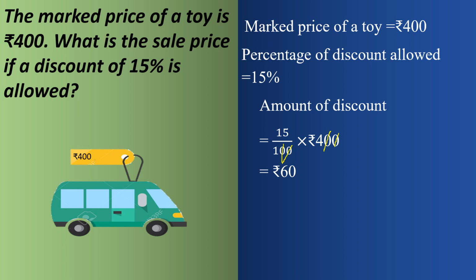After subtracting the discount from the marked price, we get the sale price. So sale price equals rupees 400 minus the discount amount, rupees 60. So what will we get? Here it's rupees 340. So it is a very common use of percentage. Whenever we go shopping and there is a discount, this is the way to find out the final sale price.